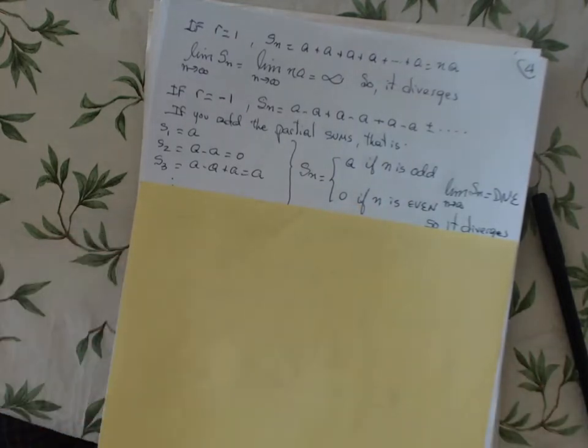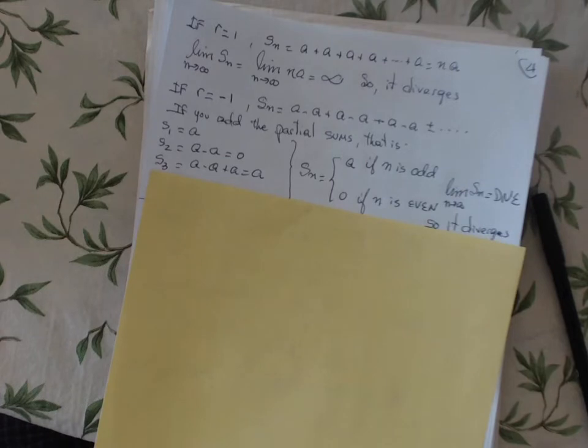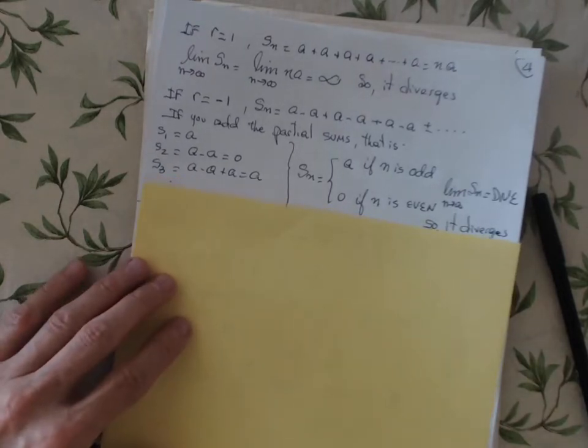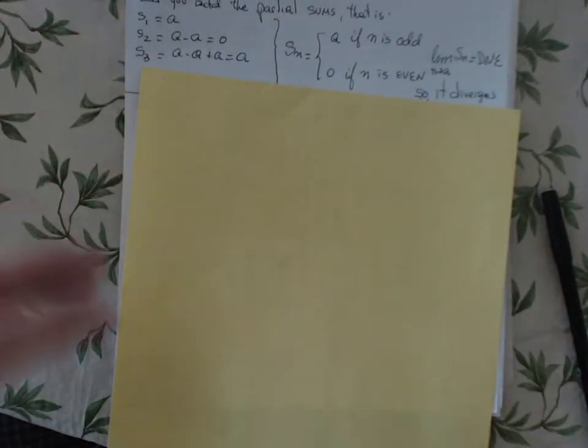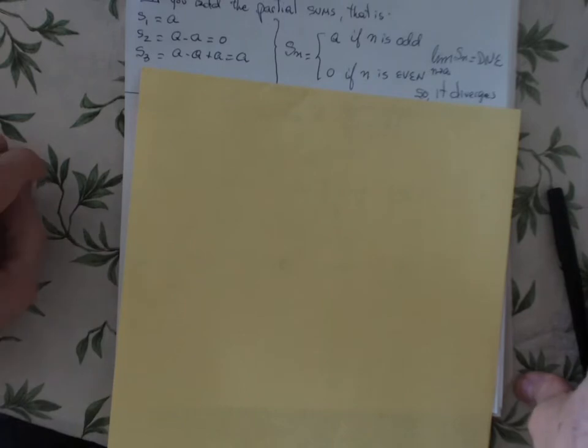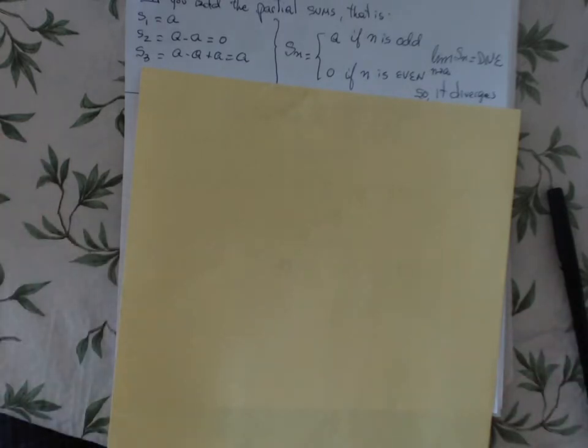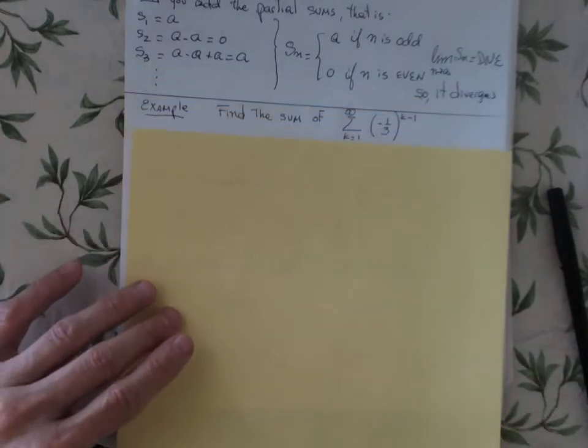So you're going to have two limits, one with a and 0, not possible. So it diverges. So that concludes that the geometric series diverges with r including 1 and -1.